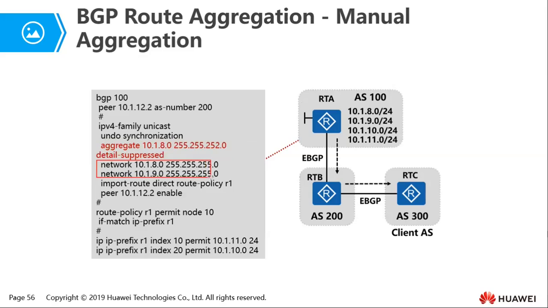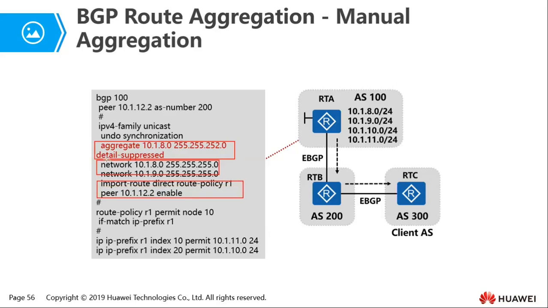after doing that, you can use the network command. You see, I think I've remembered the details suppressed and what it means. Even though we've aggregated the route into this, we're still going ahead to advertise using the network command and also using the import route command.